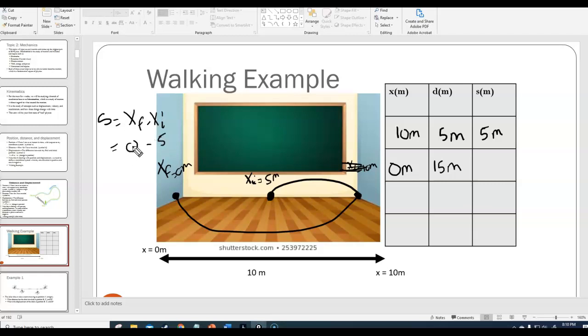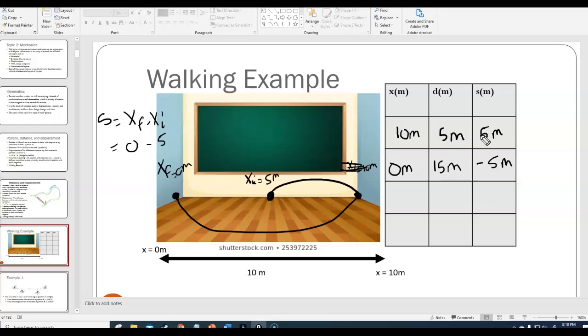Sorry, my final position is 0 minus my initial position of 5 meters, and that gives me a displacement of negative 5 meters. You might say, wait, how can you have a negative displacement? Well, the reason my displacement is negative, as we'll talk more about in a minute, is because the negative indicates the direction. Okay, I've walked 5 meters to the left from beginning to end.